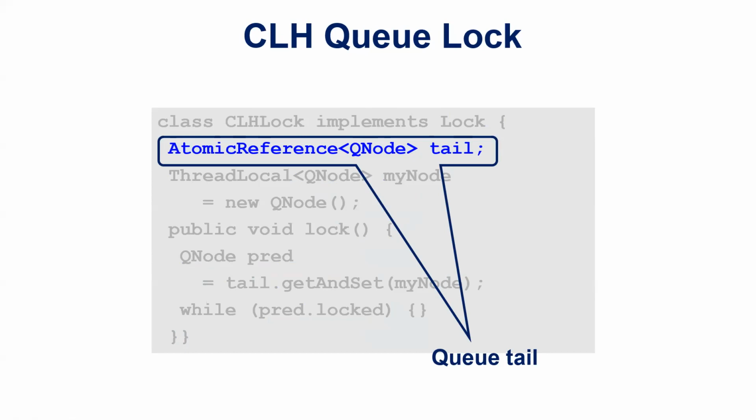It is a class in Java, available in the java.util.concurrent.atomic package, which provides a way to atomically update the reference to an object. So here we are declaring an atomic reference variable named tail that holds references to objects of type QNode.